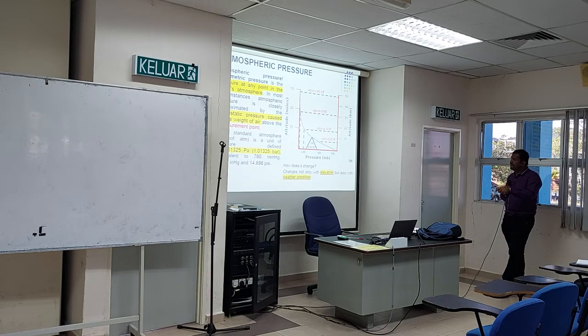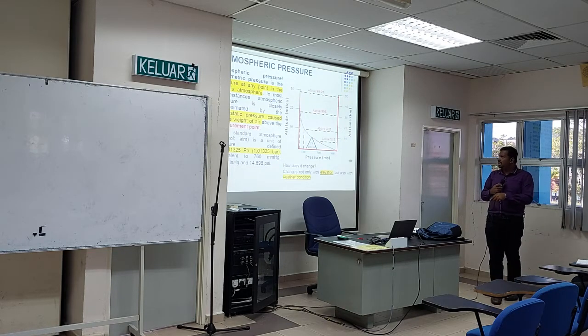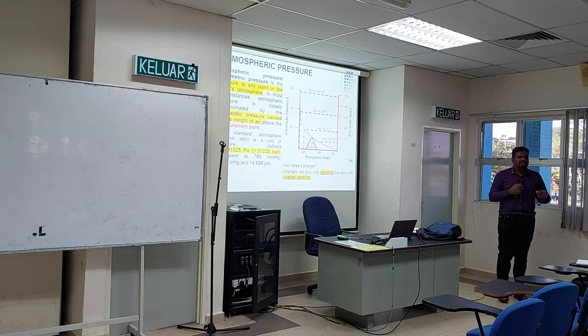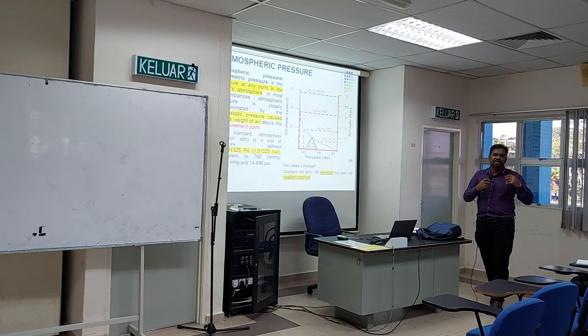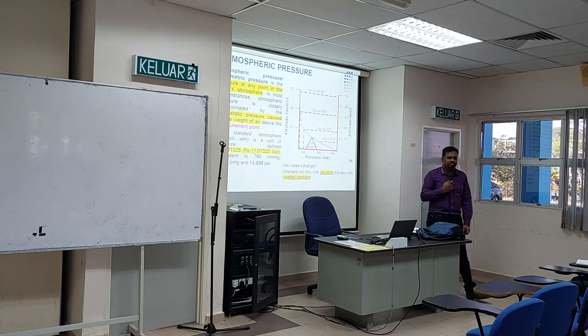Okay, so as you can see here, it change with elevation. Okay, how does it change? Change not only with elevation but also with weather condition. So one thing kita tengok, so lagi tinggi dia punya ketinggian, atmospheric pressure akan tinggi ke rendah? Siapa cakap tinggi?